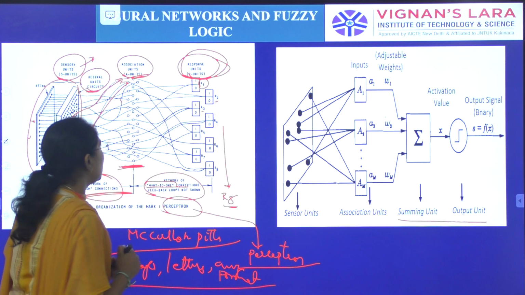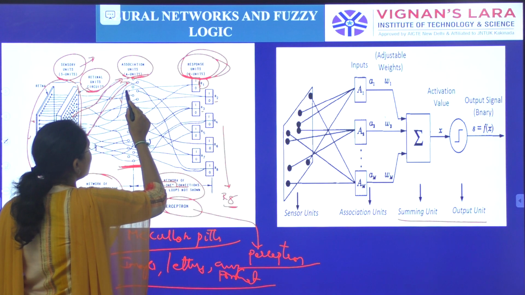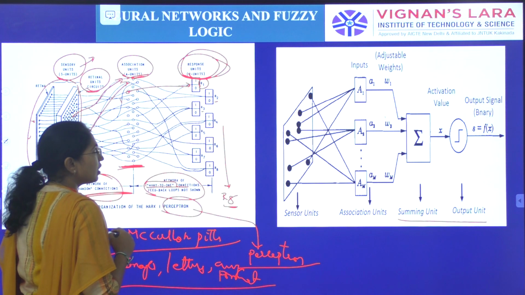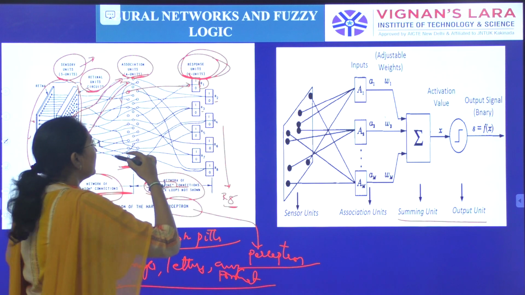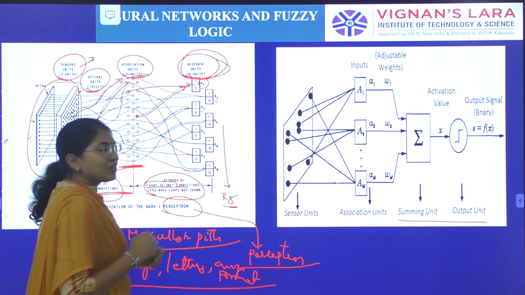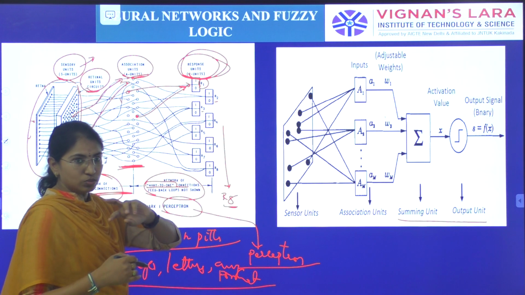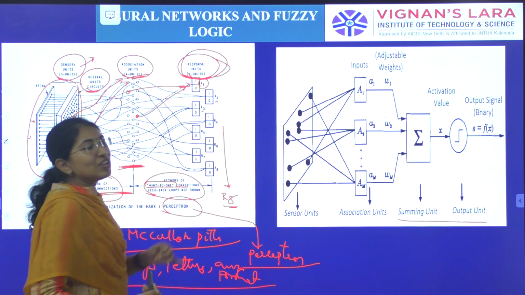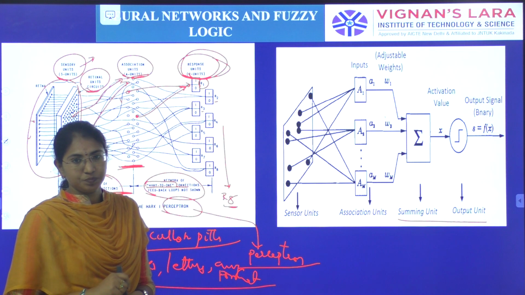If you consider a particular input, that is fed to R1, and in addition to that, another input is also fed to R1. Not only 2, we can send n number of inputs to each response unit.